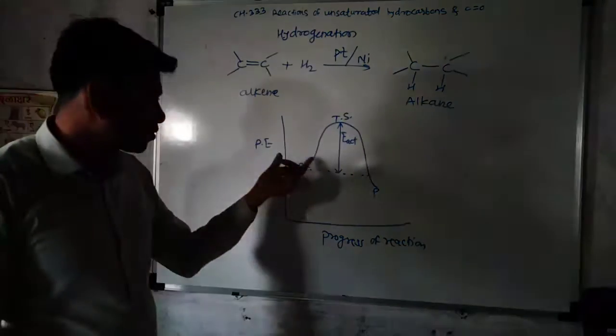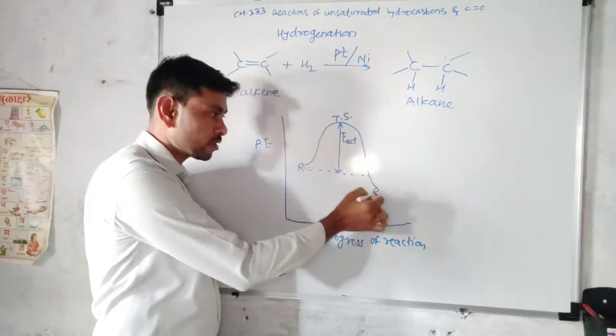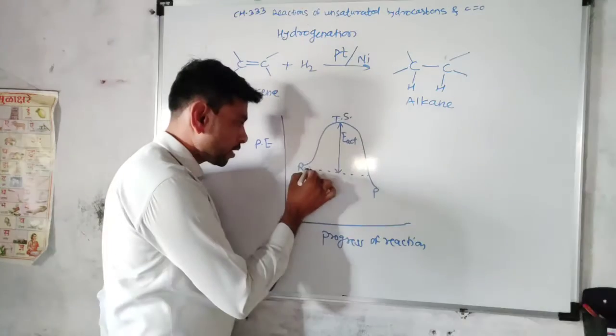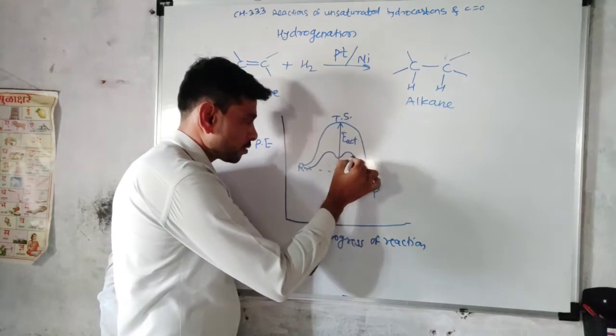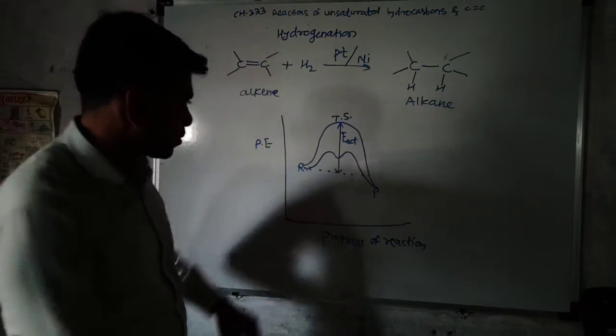So if we observe the energy profile diagram for this reaction, then from reactant to product, the energy of activation is there without adding catalyst, and if we use catalyst, then this energy of activation is decreased here.